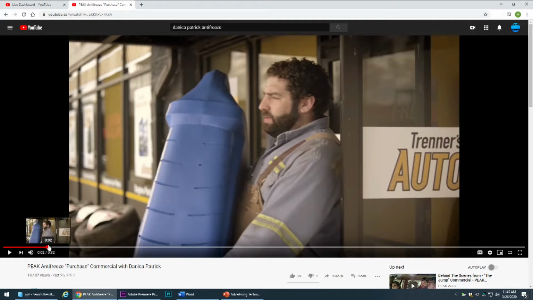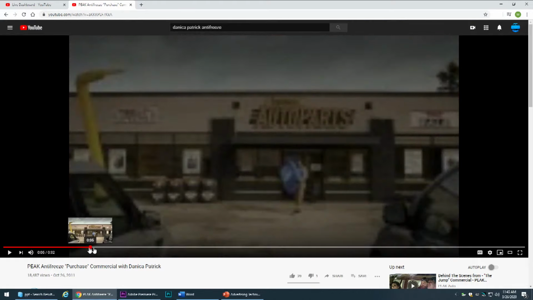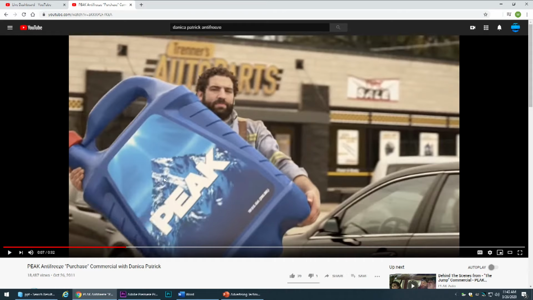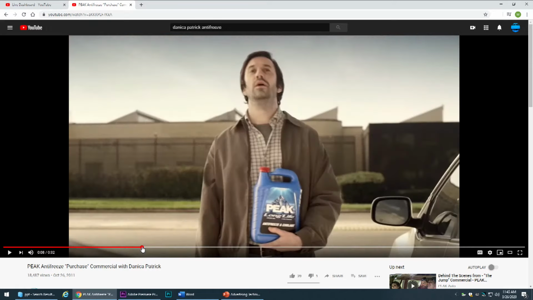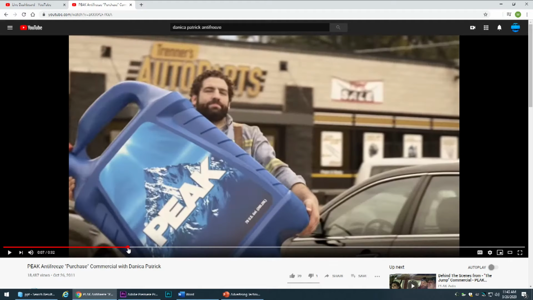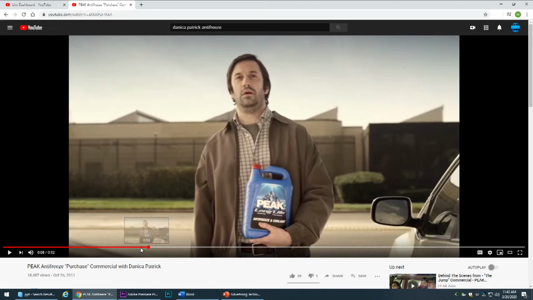Okay. So as we go through, the first thing I notice is we have a big muscular guy with a big bottle of Peak Antifreeze, and we have this scrawny guy with a smaller bottle of Peak Antifreeze. Big, scruffy beard.